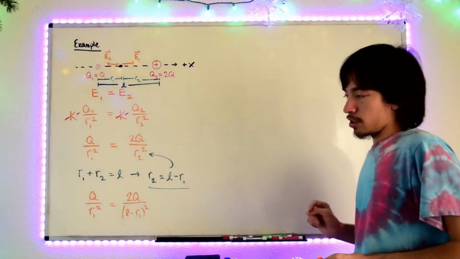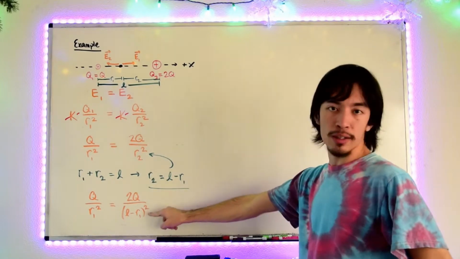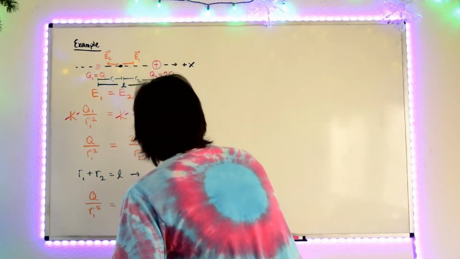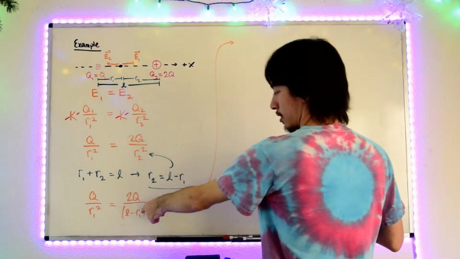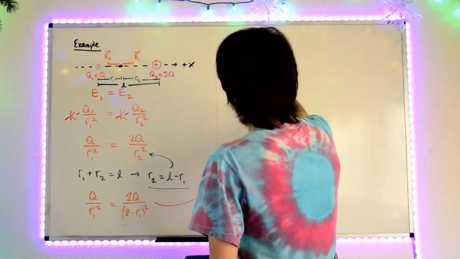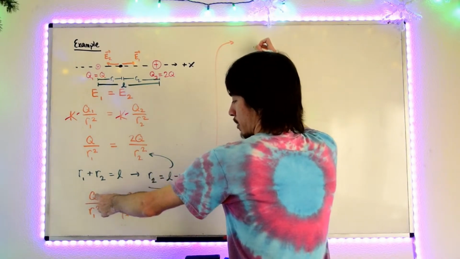There are different ways you could do it, but the way I would recommend not to do it is to square those out because it just makes it messier. Instead, we can collect the terms with R1 on one side and the Q's on the other.